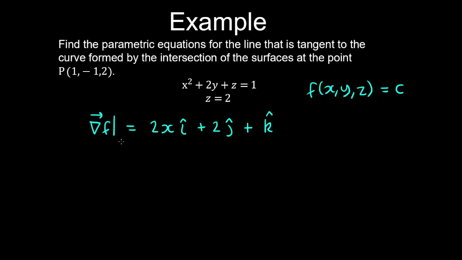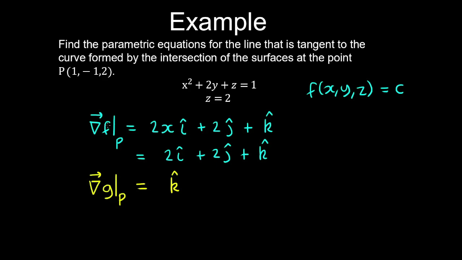So if we evaluate this at point P, we get 2i plus 2j plus k. And the gradient of the second surface, which we'll define by function g, is equal to 1 in the k direction, given by the partial with respect to z. So evaluated at point P, we get the same result.